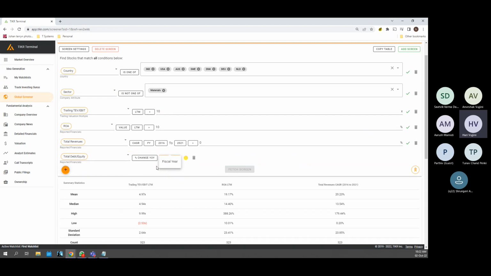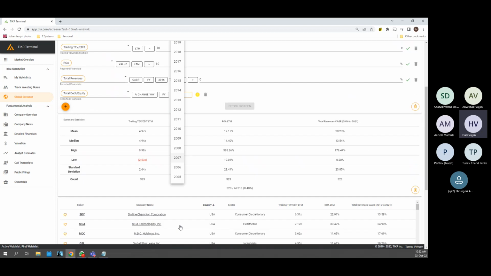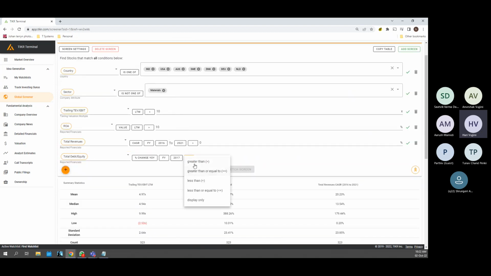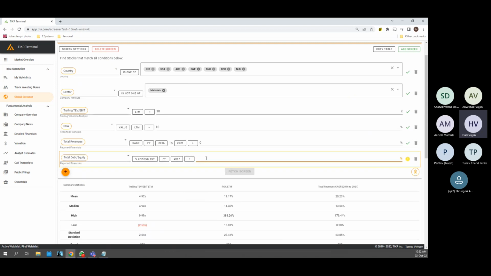I don't want companies with debt to equity, financial year, so let's take the last one. It's in percentage, as you can see.